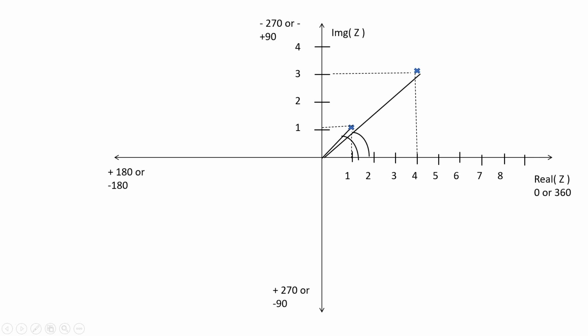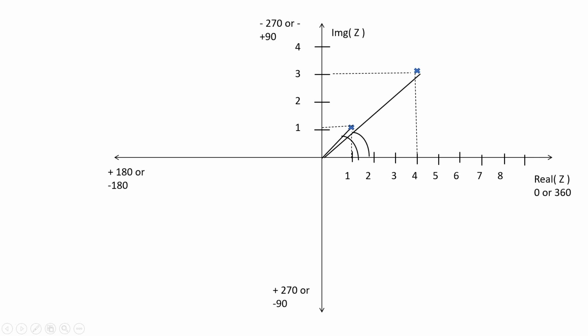If we move in the clockwise direction, we have minus 90, minus 180 and minus 270. This is the convention to represent the angle of a complex number.